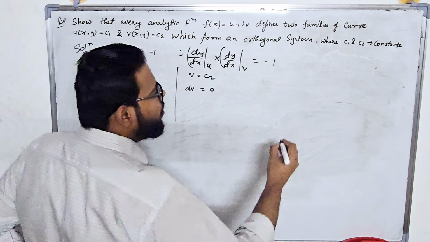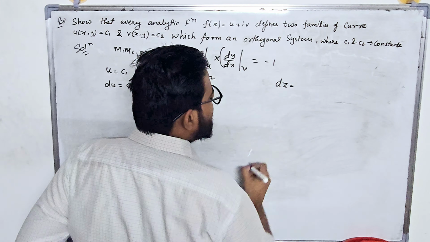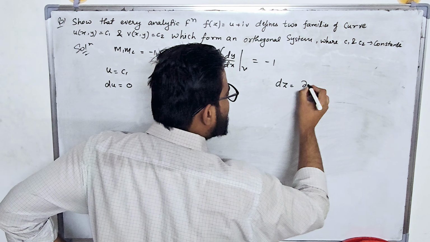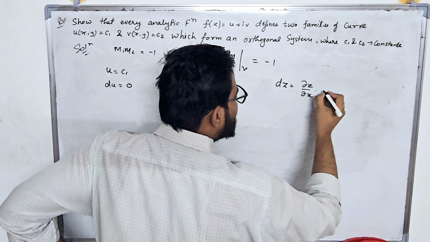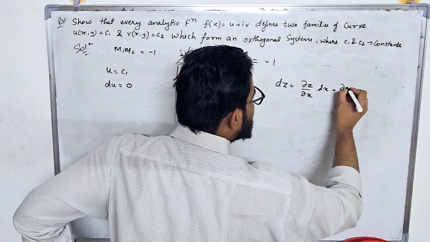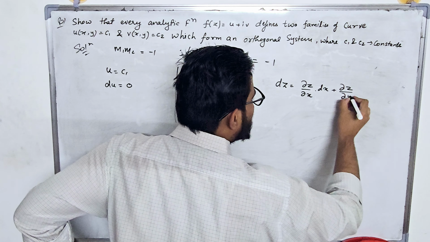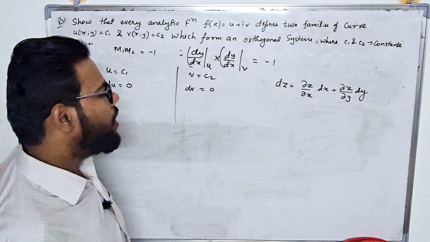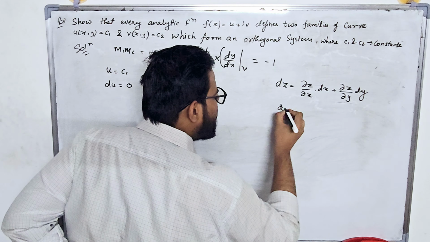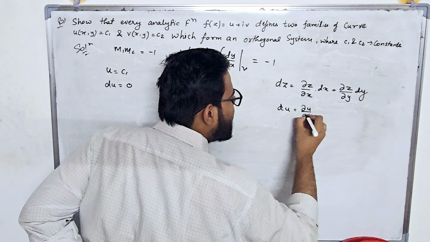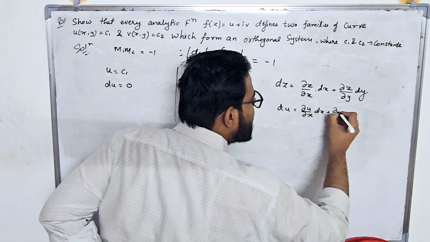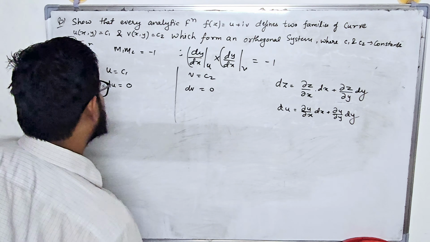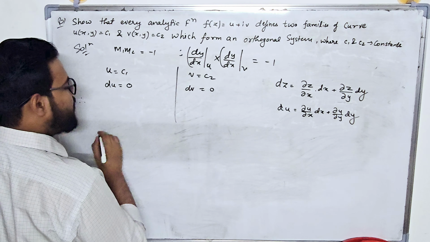Now we all know that dz = ∂z/∂x dx + ∂z/∂y dy. This is known as the complete differentiation. Hence du = ∂u/∂x dx + ∂u/∂y dy.